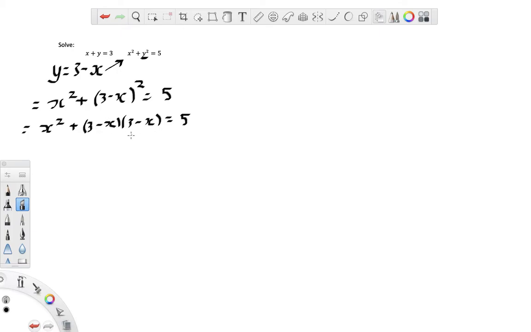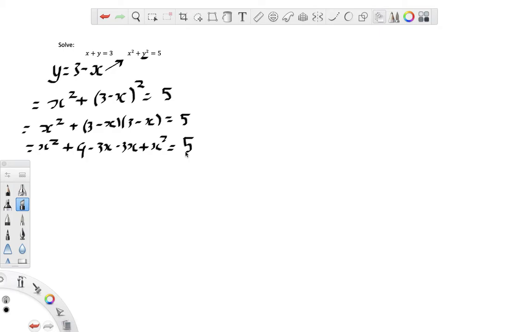Okay, so if I expand this, I'll get x squared plus 9. Then I get minus 3x, minus 3x again. And then the final bit, minus x times minus x, well that's positive x squared, so plus x squared. And that's equal to 5.